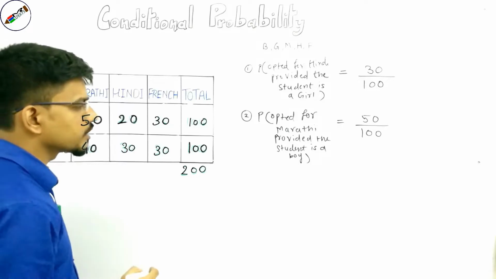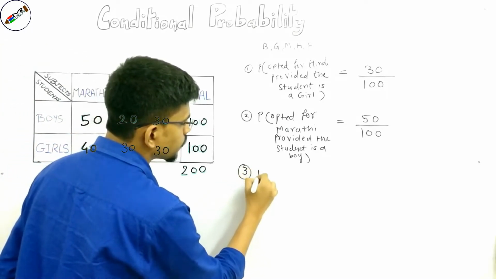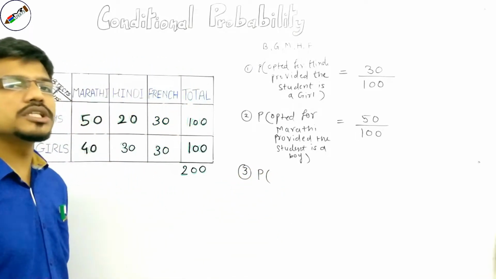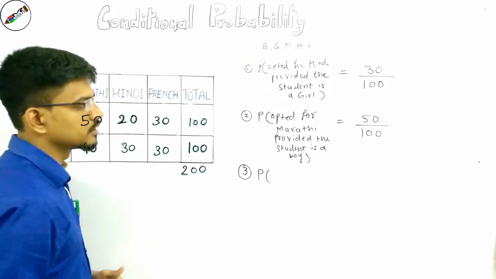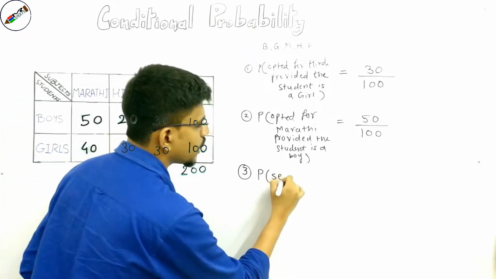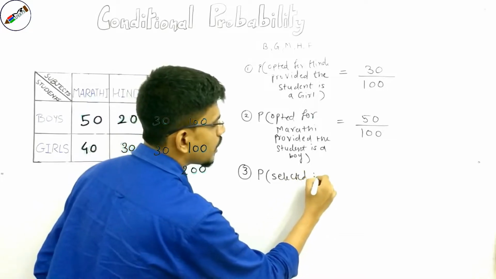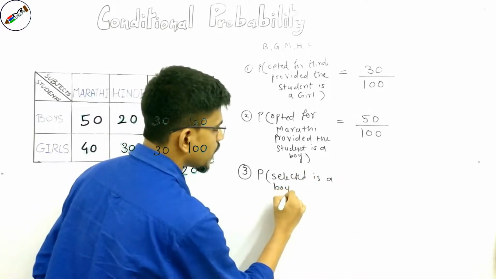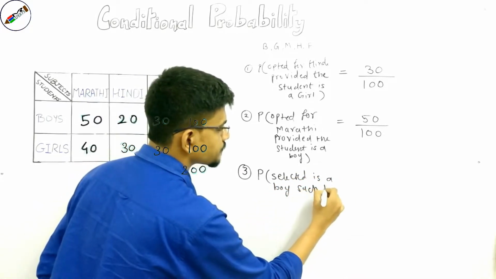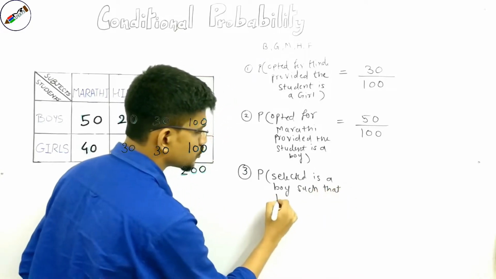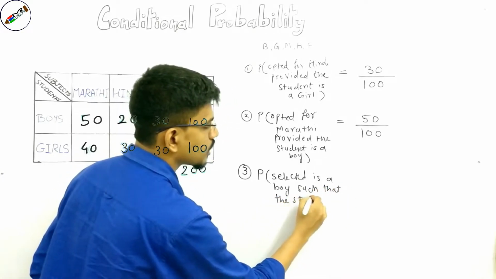Let us take one more example. Find the probability that the student selected is a boy, provided or such that the student has opted for Hindi.